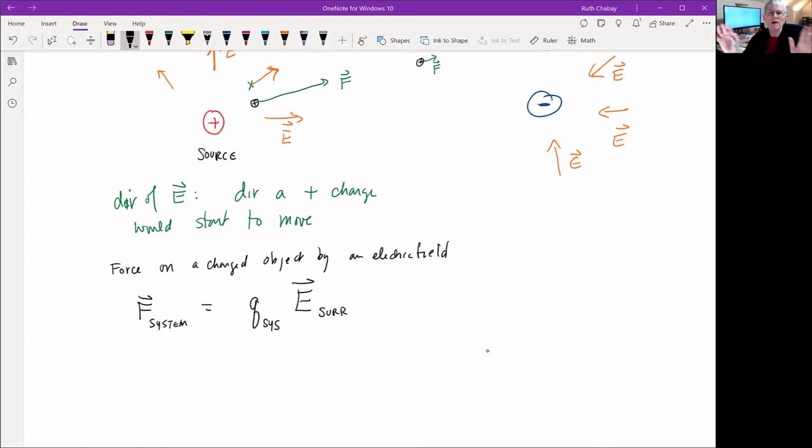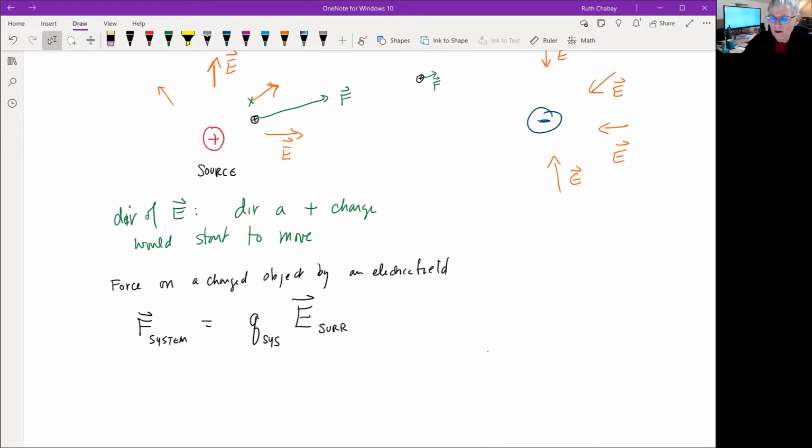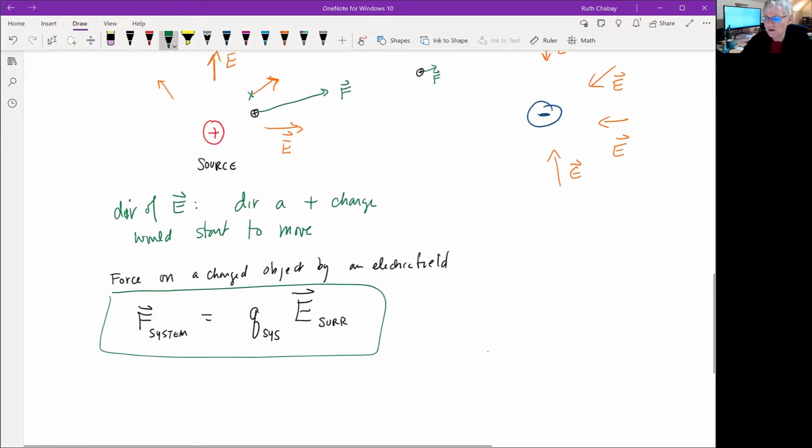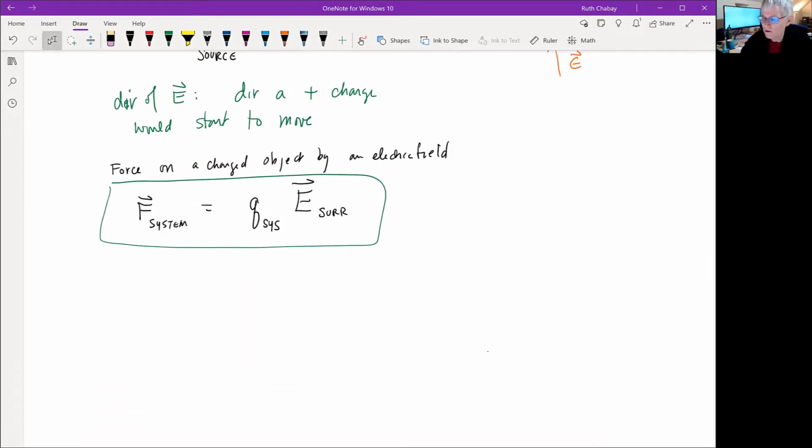And yes, by convention, we've decided that the direction of the electric field is the direction that a positive charge would experience a force. So if we put our positive test charge somewhere, then it would experience a force that way. And so let's see how that comes out of our equation here. So here's a location where there's an electric field pointing that way, and we actually don't know what the electric field is due to.